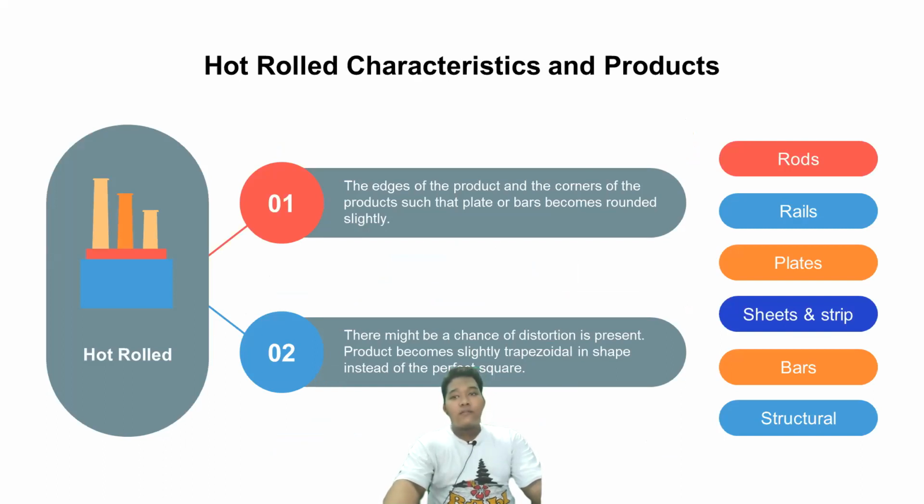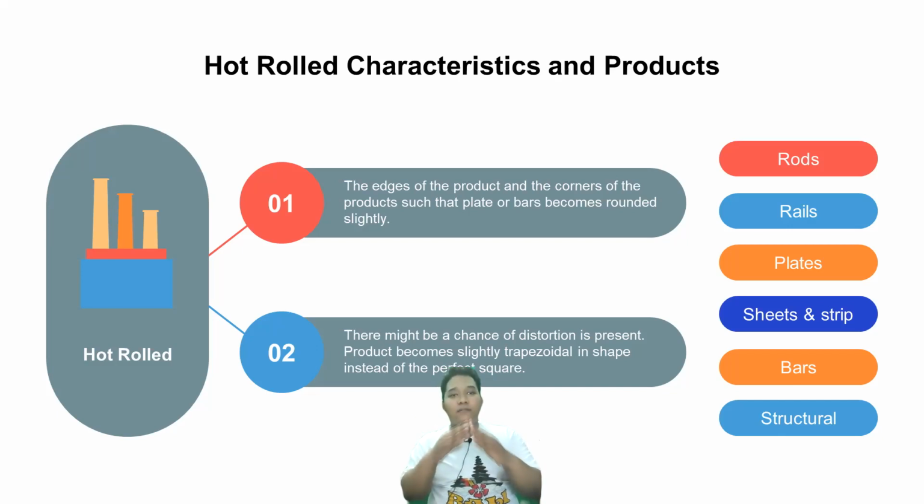Basically, rolling process is divided into two: hot rolled and cold rolled. The characteristic of hot rolled is that the edges and corners of the product are slightly rounded, so not sharp.